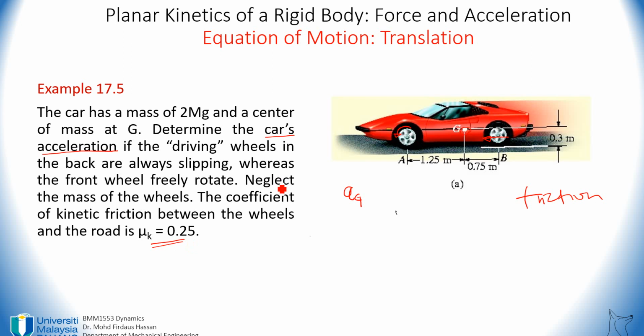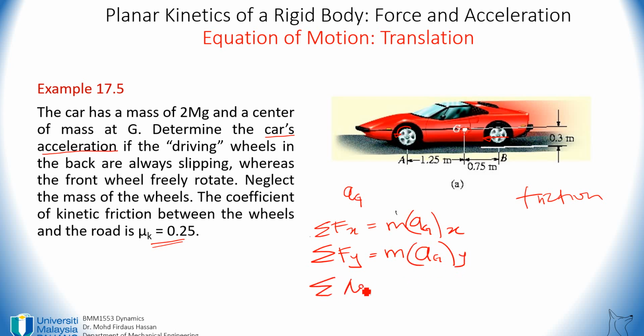First, this is a translational motion, rectilinear motion. So you have the summation of F_x equals m a_Gx, the summation of F_y equals m a_Gy, and of course the summation of moment at G is 0 because the car doesn't rotate.